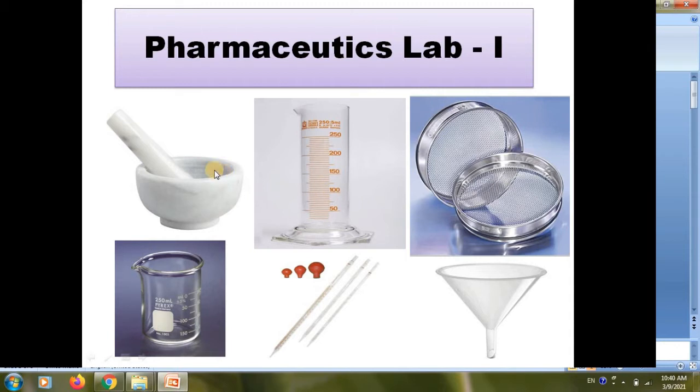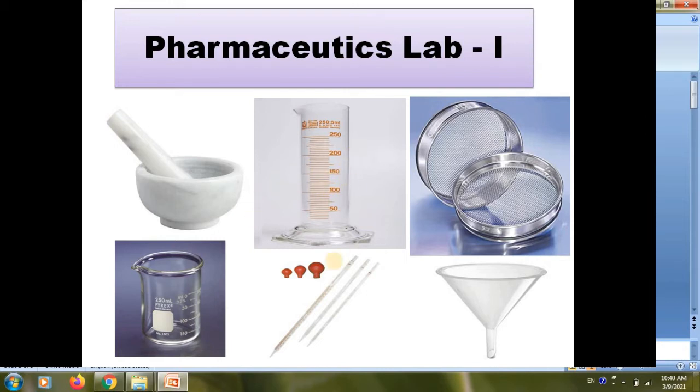After making the preparation in the mortar and pestle, we pour this solution into a measuring cylinder and make up the volume, and finally we transfer it to the container where we have to pack our formulation.